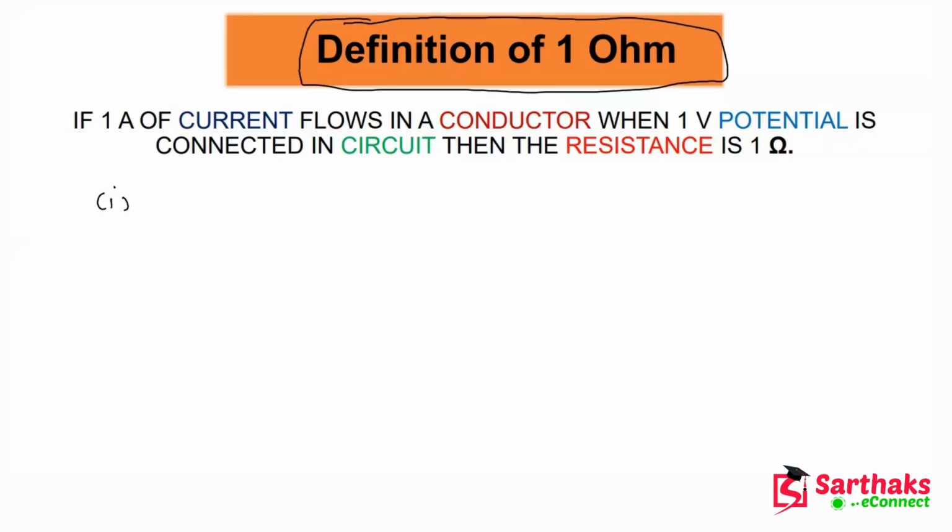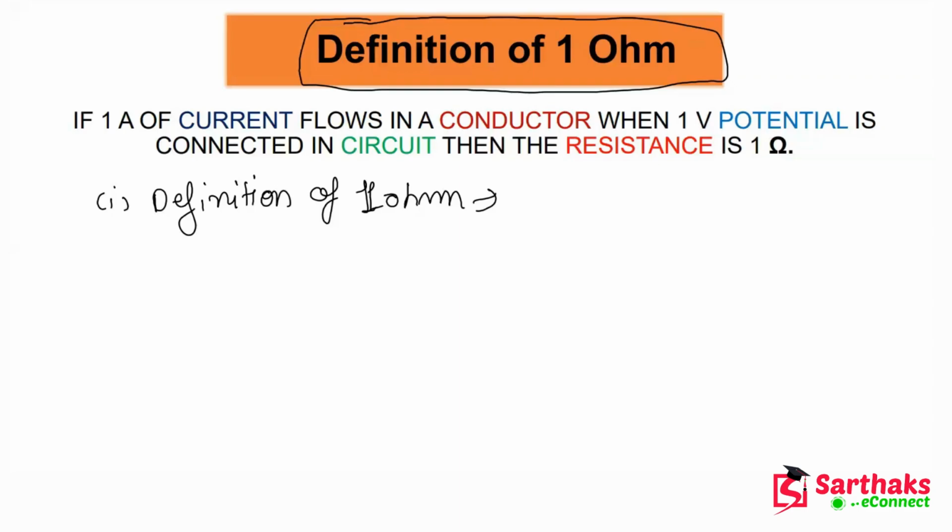Every student in class 10 knows these things. So what they ask is the definition of 1 ampere, which I told you in the previous lecture, or the definition of 1 ohm. It is very important. So let's talk about the definition of 1 ohm.